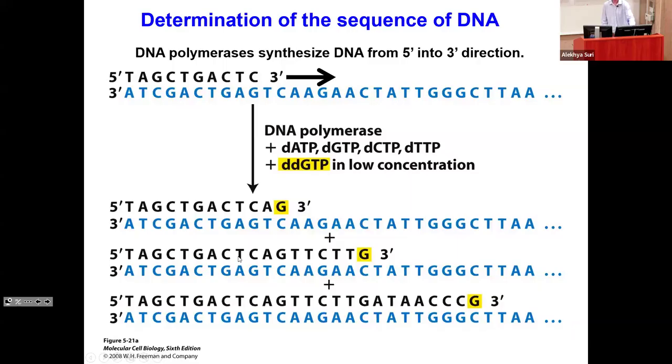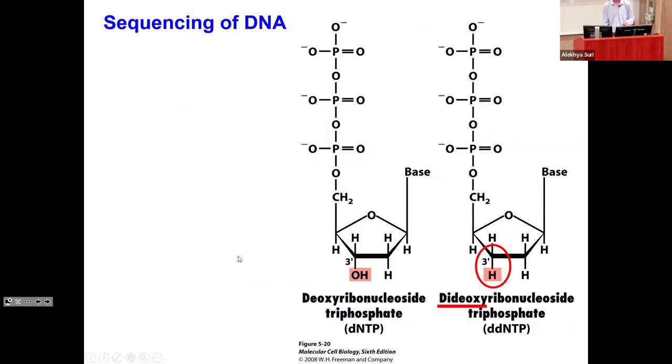For example, this is the first C, or there would be another C. The nucleotide that will stop the synthesis is lacking the hydroxyl group in the ring structure, in the sugar. So that causes the synthesis to terminate.